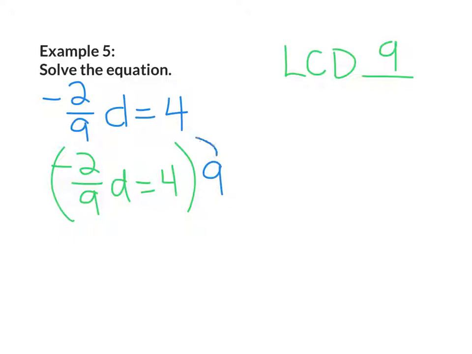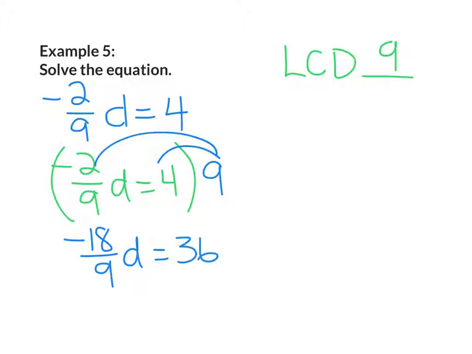So I'm going to distribute with my first term and the second term. So negative 2 times 9 gives me negative 18 over 9d equals 9 times 4 gives me 36. I'm going to divide. Negative 18 divided by 9 gives me negative 2d equals 36.